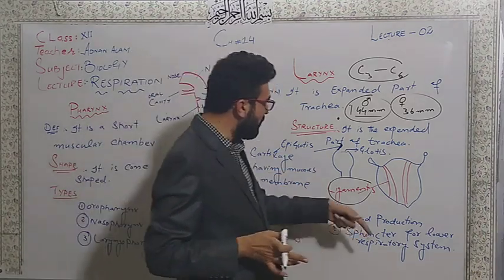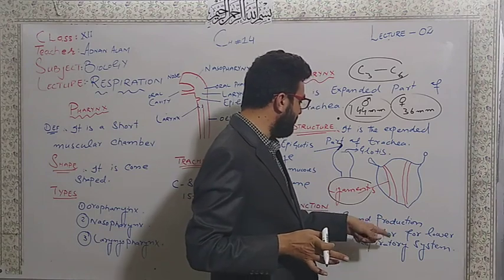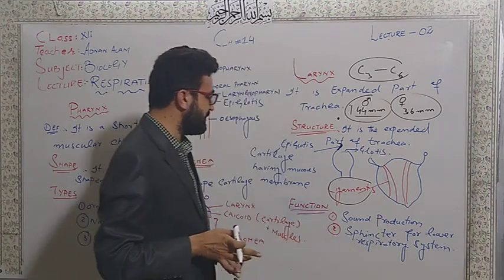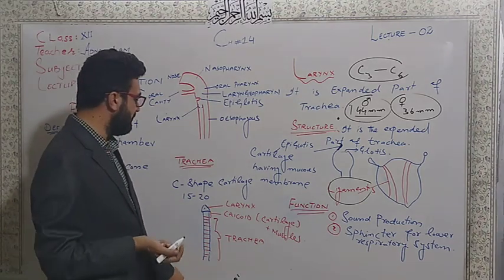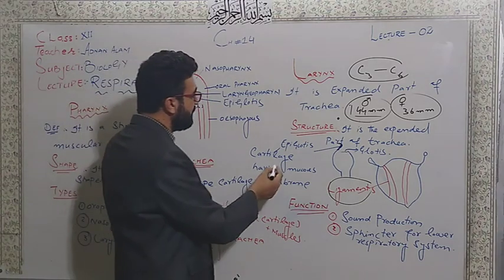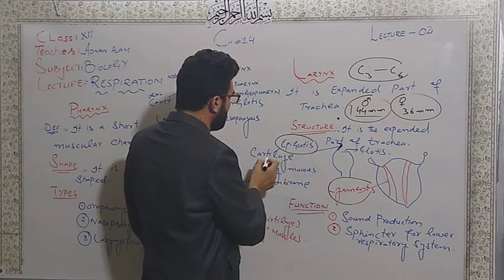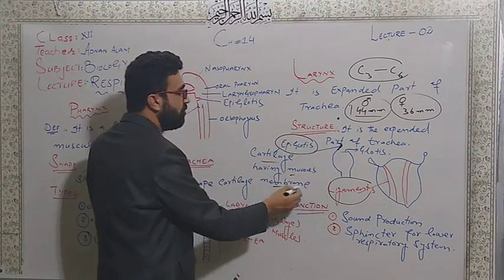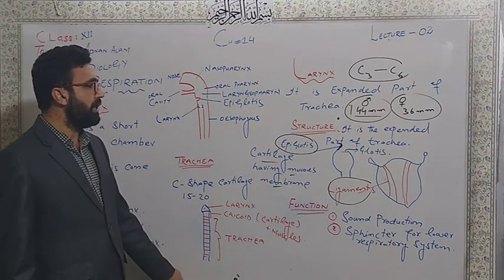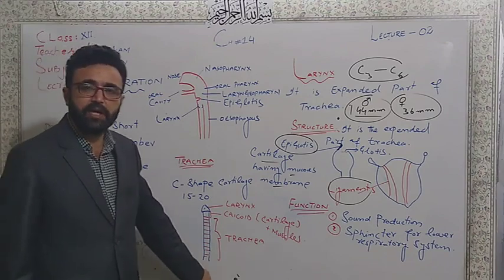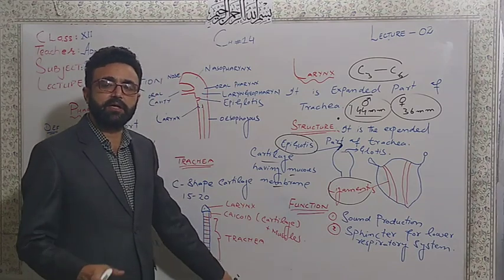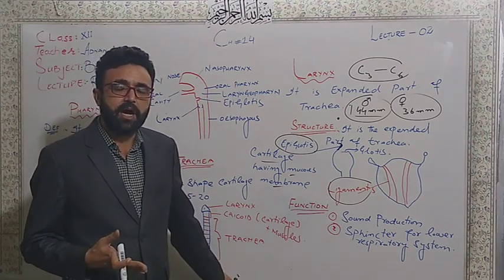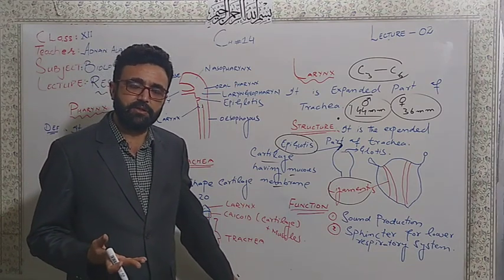Its function is sound production along with acting as a sphincter for the lower respiratory system. The glottis is a cartilaginous structure having a mucous membrane, and it also moistens the air when air passes through it. So it is a sound box and it's a cartilaginous structure.